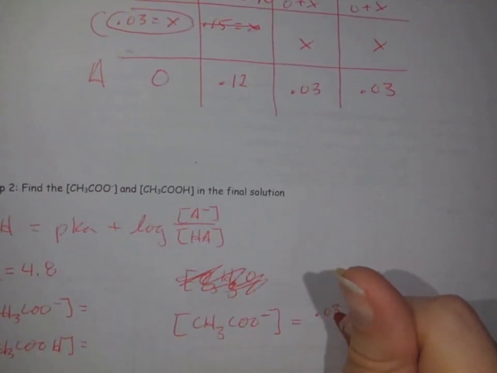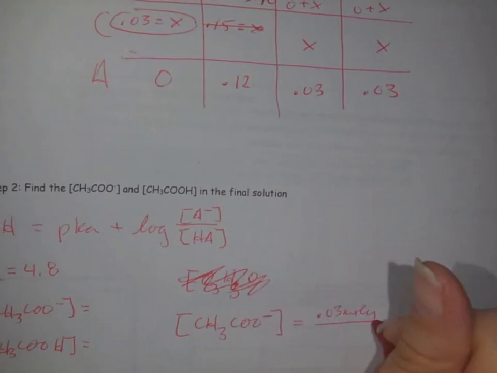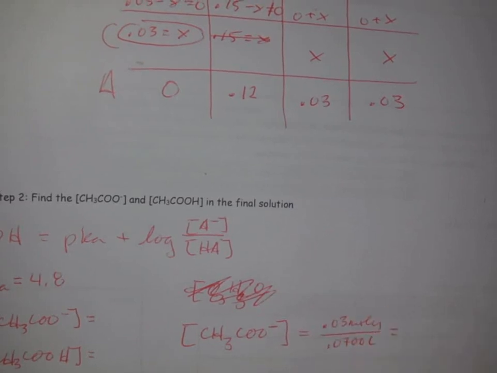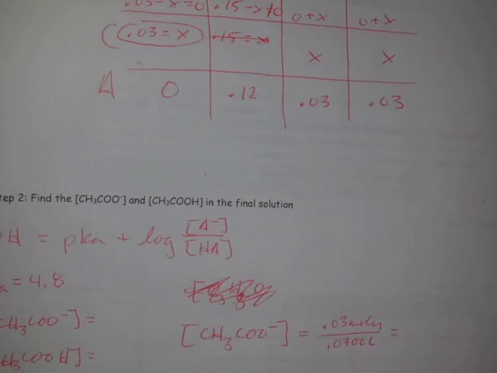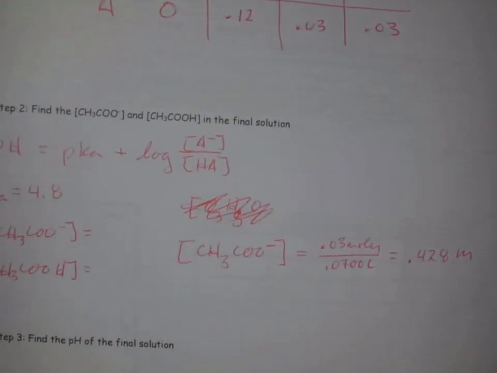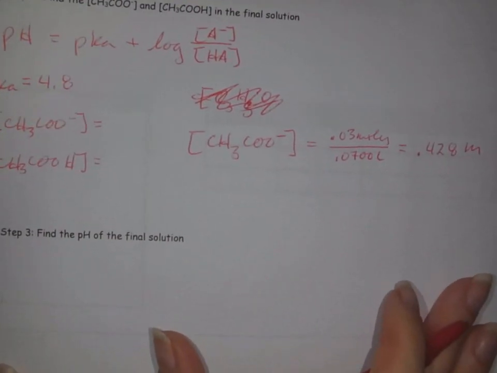So 0.03 moles. And we know the total volume. 20 milliliters plus 50 milliliters would be 70 milliliters, or 0.0700 liters. So our concentration is going to be 0.428, etc. Here's my concentration of my conjugate base.